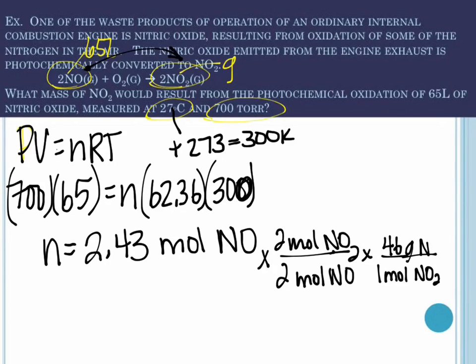So we get 111, so I want to say 112 grams of NO2 is made.